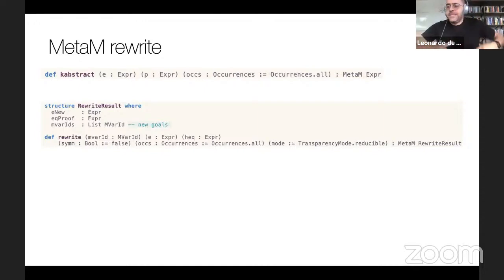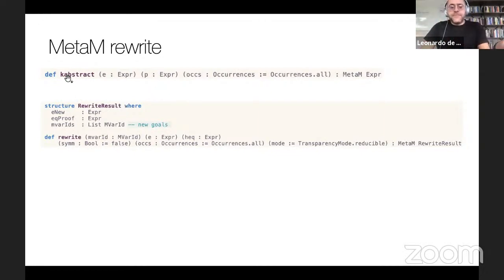It was in C++, hidden, like in a black box, and you didn't have access to it until someone exposed this functionality to Lean users in the tactic framework in Lean 3. Since Lean 4 is implemented in Lean, everything is available. If you import the Lean package, you're going to have K-abstract available. You can use it.